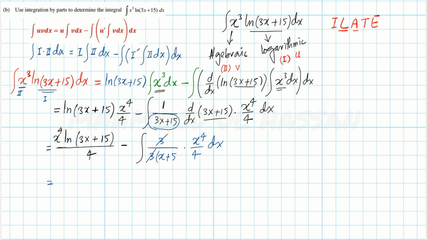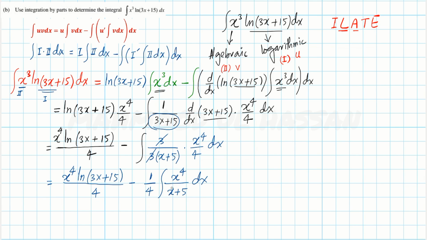So now finally we get x to the power 4 natural log of 3x plus 15 divided by 4, minus 1 upon 4, which will come out from the integral, and the integral would be x to the power 4 divided by x plus 5 dx.